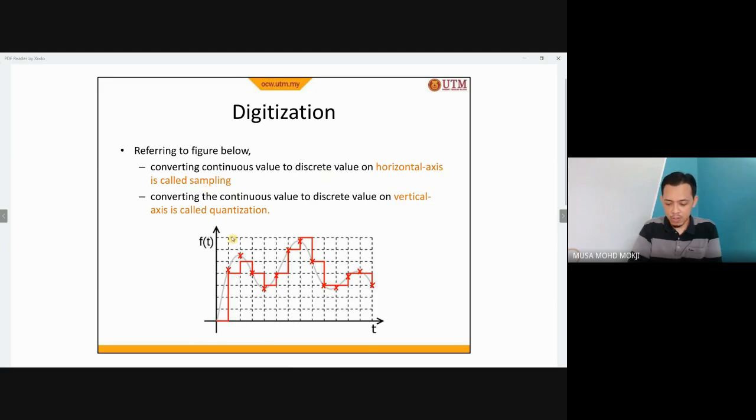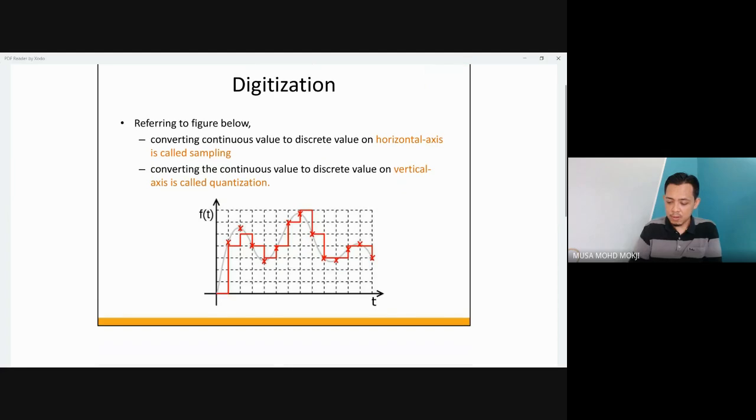We have two axes here: this is the x-axis, and this is the y-axis, of course. Anything that makes it from continuous to discrete on the x-axis, we call sampling. Digitization on the y-axis, we call quantization.